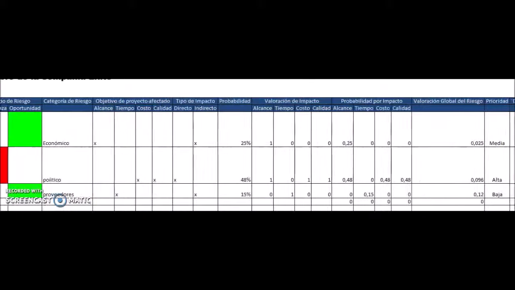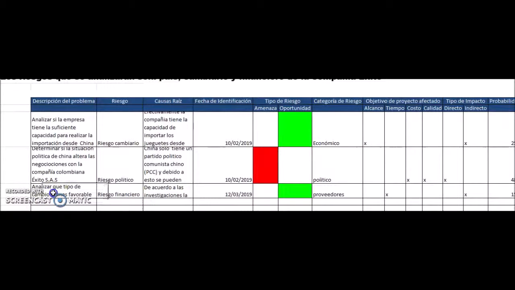Well, finally, we have this last risk, which is to analyze which kind of exchange brings more benefits for the company. We have identified that this is a financial risk. The main cause is that, according to some researchers, the interest rate in China is stable, so this is going to bring a great benefit for the company, as it allows the company to keep the same profitability to cover the interest rates.